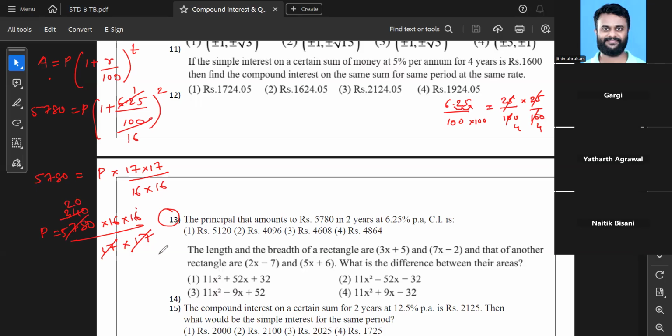That means 20 it is. So what you have is 20 multiplied by 16 multiplied by 16, which is pretty simple. That gives you 5120. 16 into 16 is 256, multiplied by 2 is 512, add a 0. 5120 is your answer. Option 1 is your correct answer.